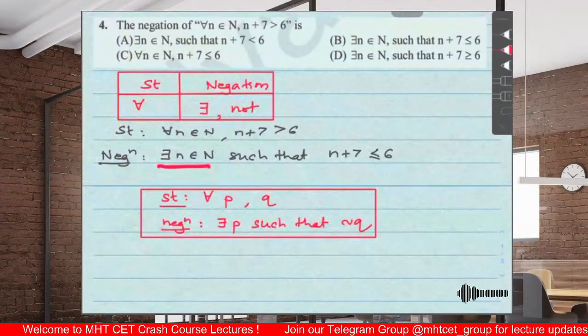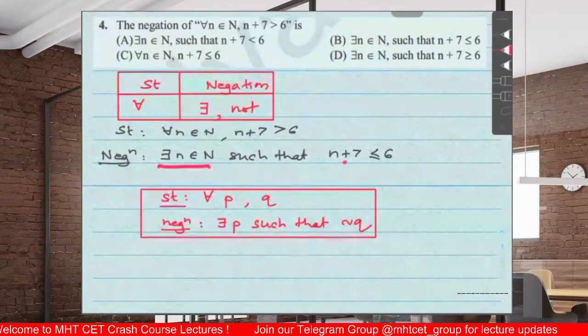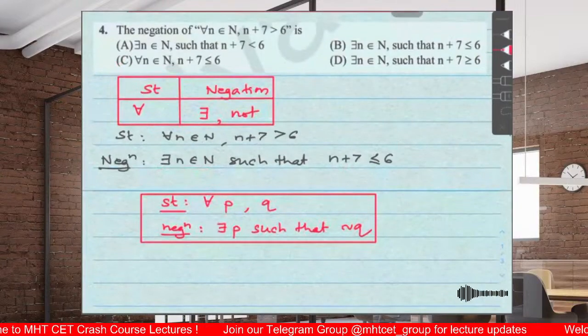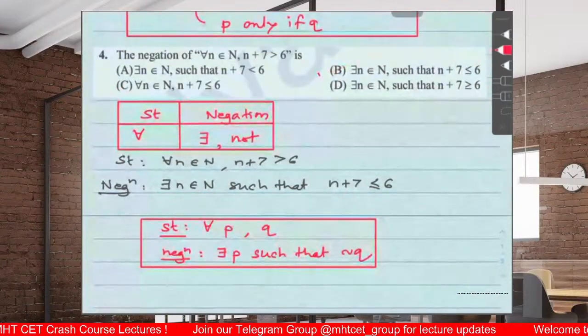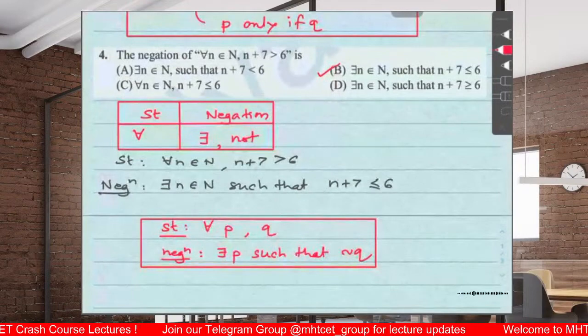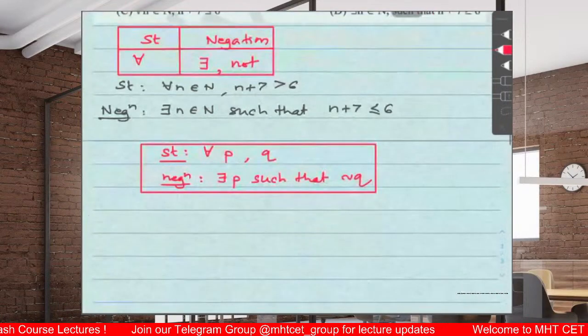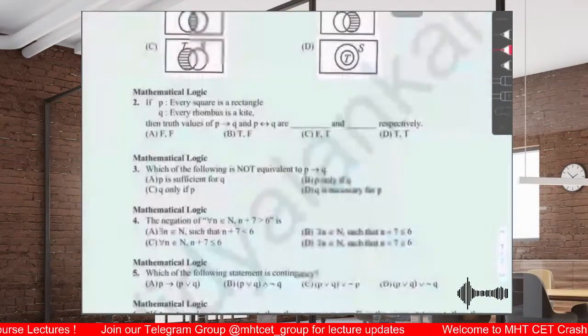There exists at least one x less than or equal to c, right? Or there exists at least one b. Next is fifth.